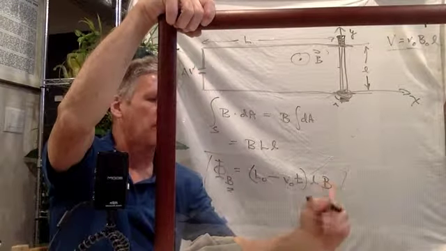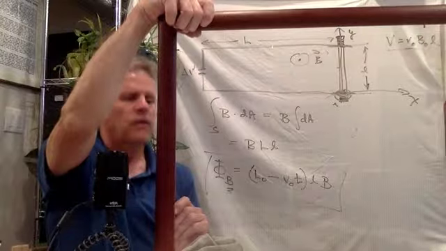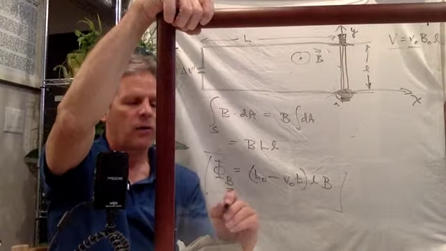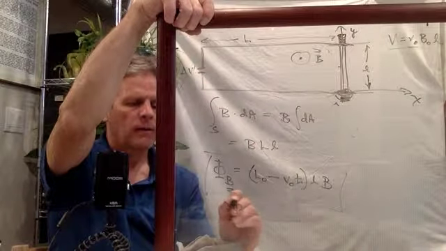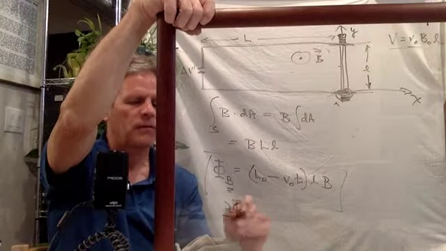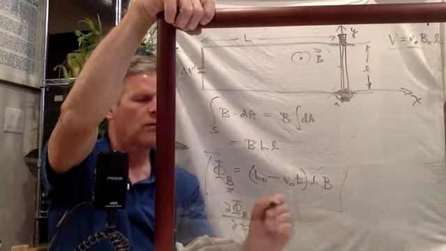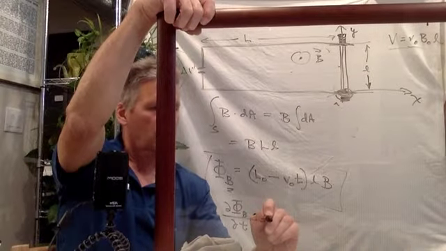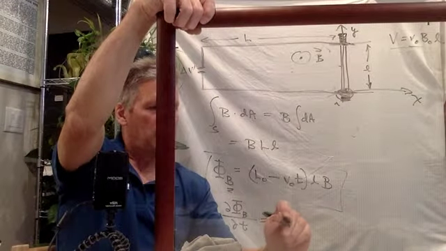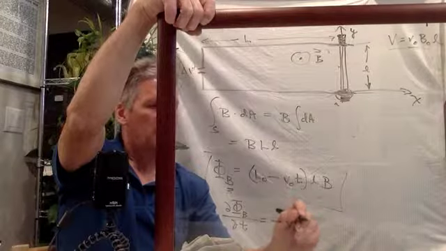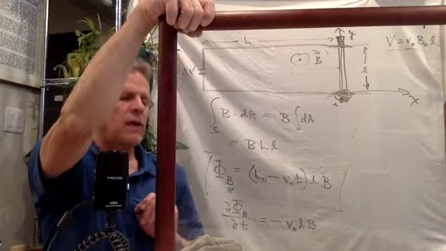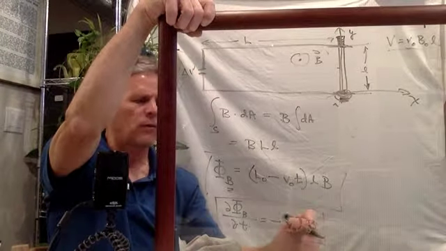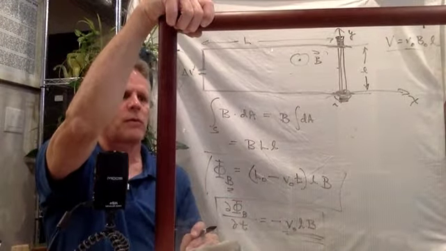Okay, so now let's ask this question. What is the change in this flux with respect to time? What is the time derivative of this magnetic flux? Well, when we look at it over here, there's only one term that corresponds to time, and that is this minus V0 LB. Okay, so look at that, and we say, this minus V0 LB, I think I've seen that somewhere before.